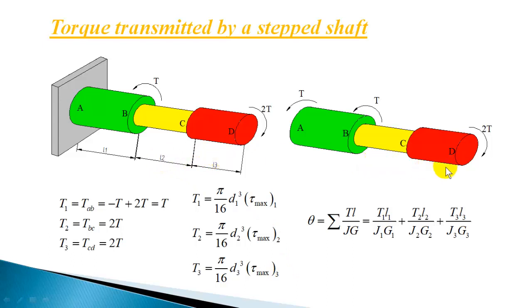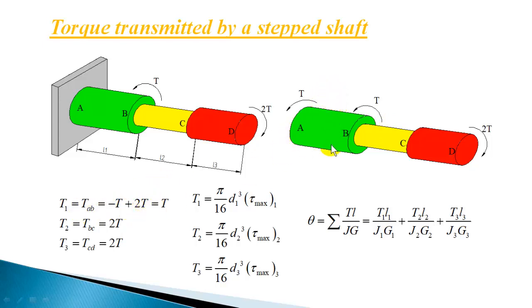Now to find out the angular twist, you can find out the angular twist of one end with respect to the other. So to find out the angular twist of end D with respect to end A, you can sum up the angular twist of all the three sections. In the first section AB you have a positive torque.